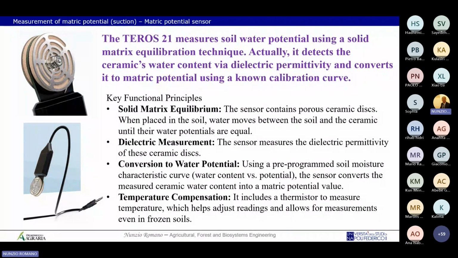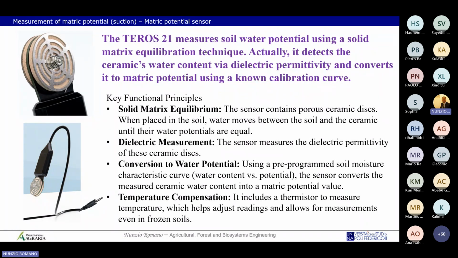But again, this is a real indirect measurement of suction head, because the water potential, the matric potential measured by this, is not directly measured, but this ceramic material measures the water content using, again, the dielectric permittivity.